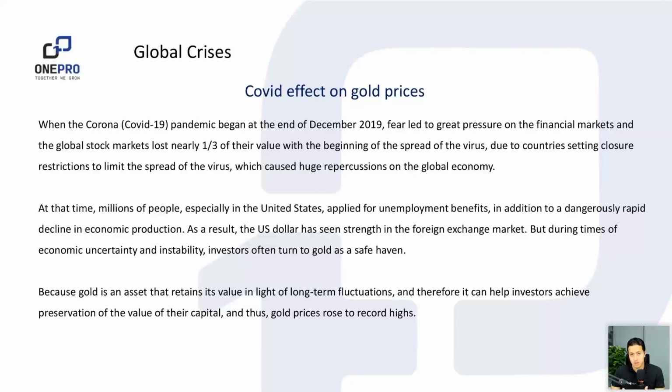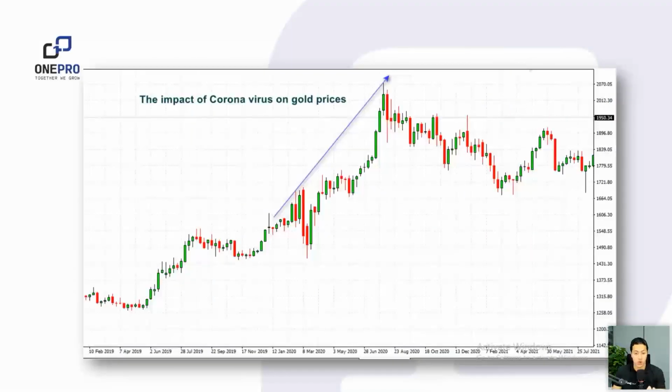And as a reaction to this, investors found nothing to do except buy gold to make sure that their US dollars, their capital, and the value of their money would be kept without any losses. So we have seen some huge surge in gold prices. And this is what I'm talking about. If you're looking at the impact of coronavirus on gold prices, you can see that by the beginning of March, we were just about here.